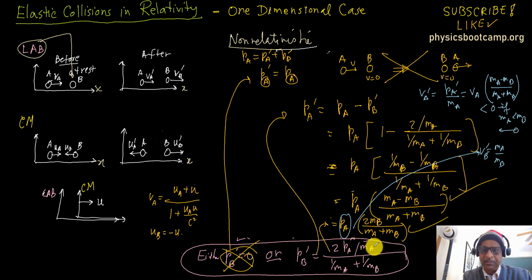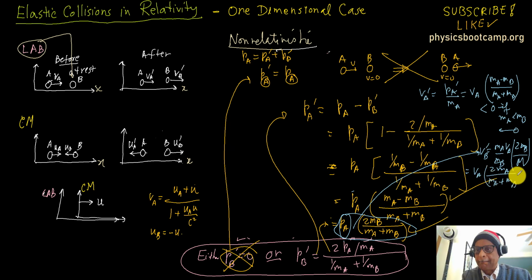So this one you will have to divide by MB, and so that's going to be VA incoming, and then you have a 2 times MB over total mass, big M total mass, and then MB cancels this, and so VA, and this ratio is 2 MA over MA plus MB. So these are the answers you get when it's non-relativistic.